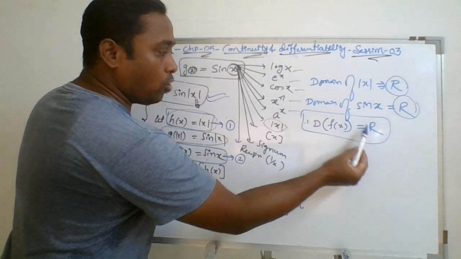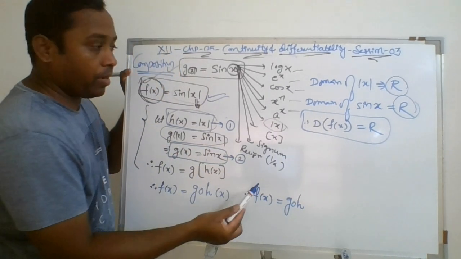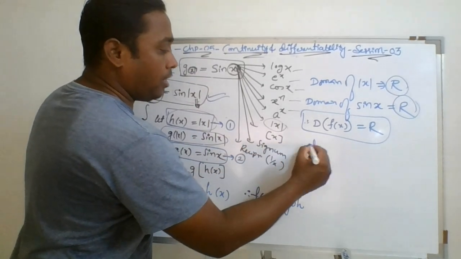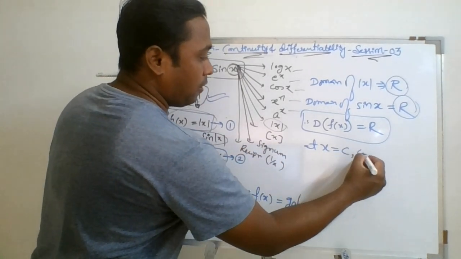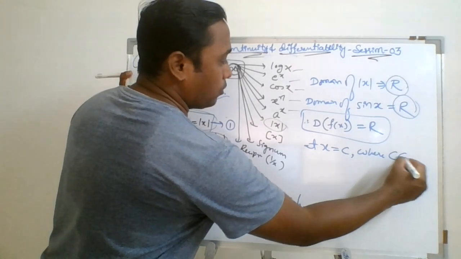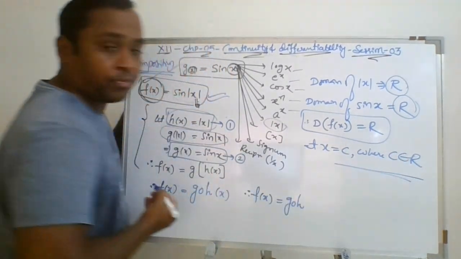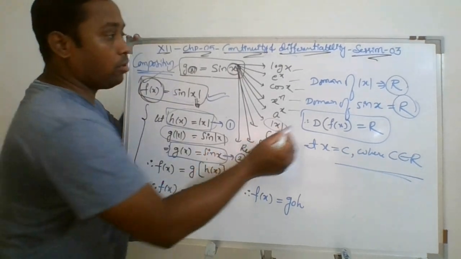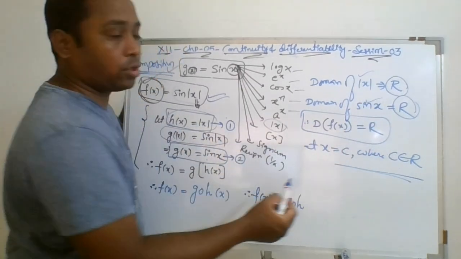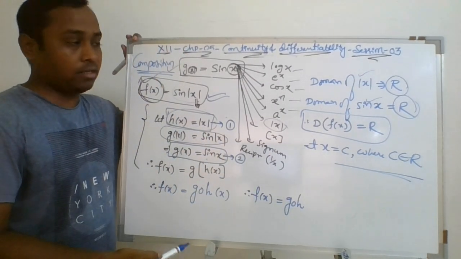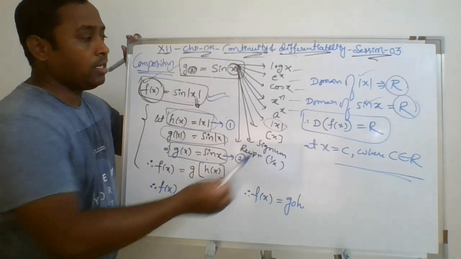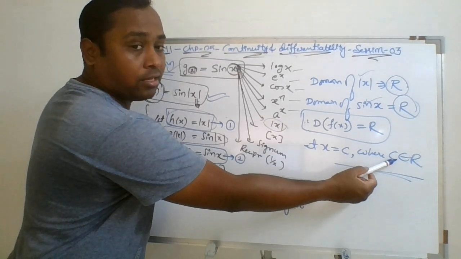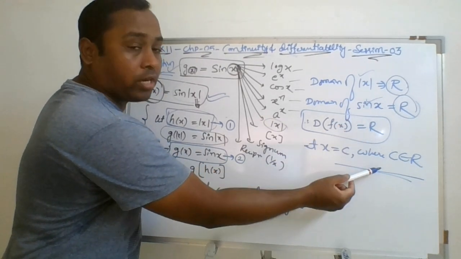In its common domain, now we are going to check the continuity at any constant c, where c belongs to the real numbers. I am not explaining how to prove the continuity of the mod x function and the sin x function, because it has already been explained in the previous lecture and this lecture. So you may prove this function continuous at constant c where c is a real number, and sin x can also be proven.